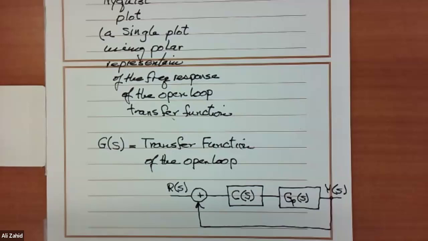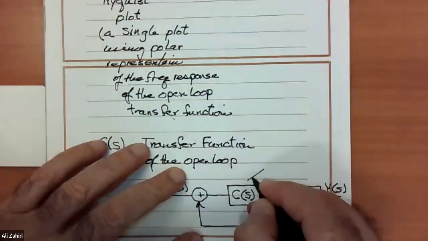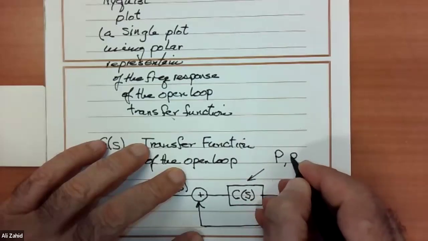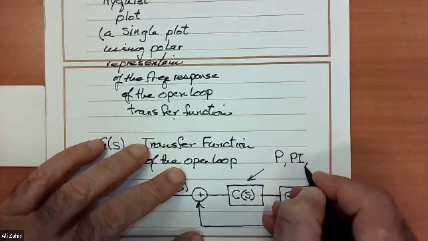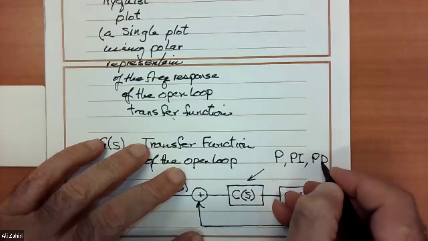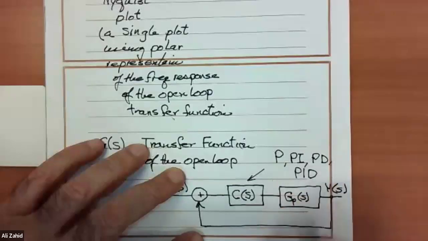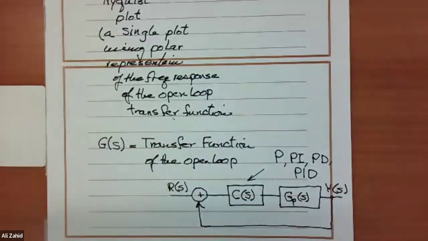This controller could be a P controller, a PI controller, a PD controller, or a combination of proportional, integrator and differentiator control.